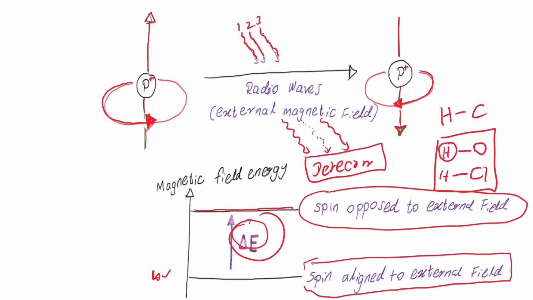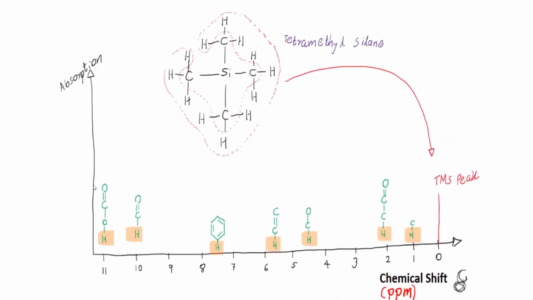What is the atom next to it and around it? Based on that, this energy difference changes. That can be used to identify the environment of the hydrogen atom. This is what you can find in the data booklet. If the hydrogen atom is just attached to a carbon atom, its absorption is somewhere here.